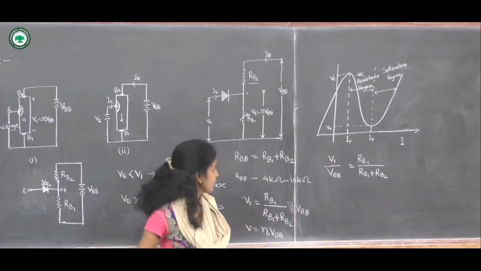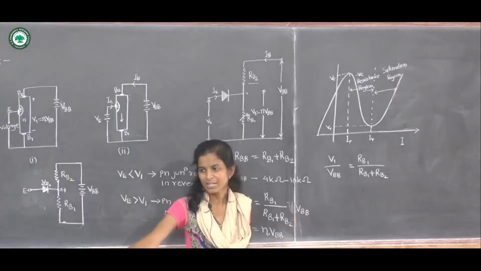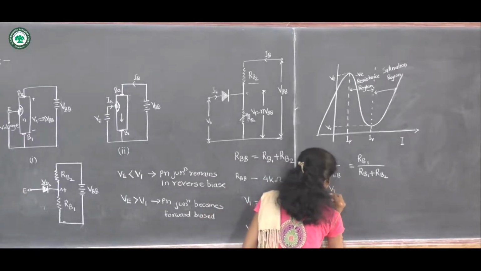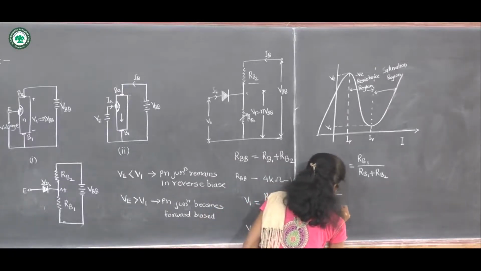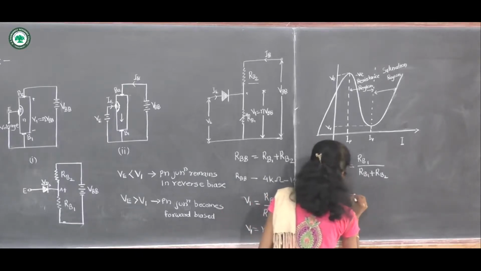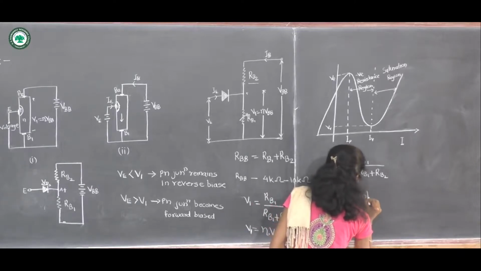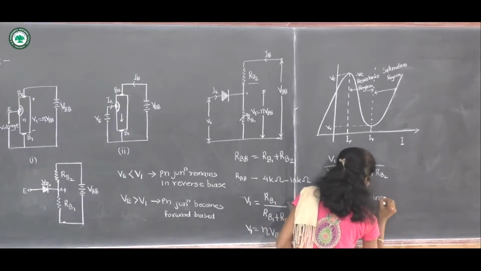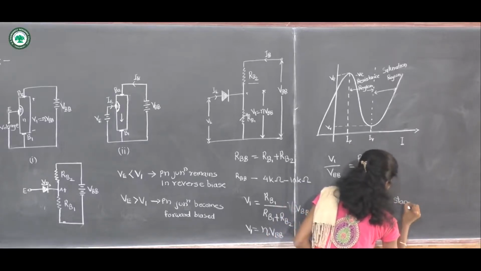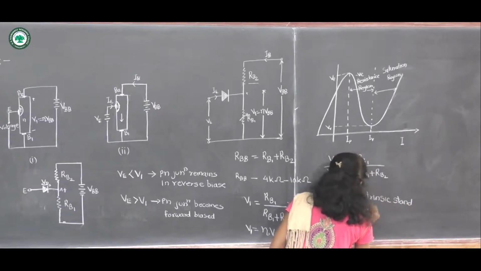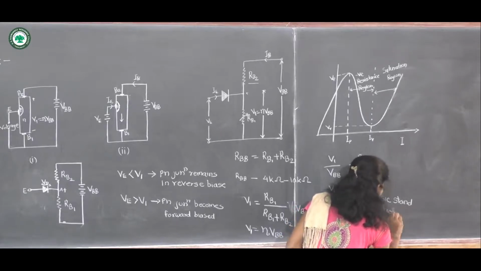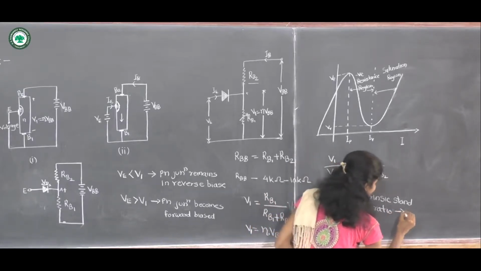This ratio V1 upon VBB is called the intrinsic standoff ratio, which is denoted by the letter eta.